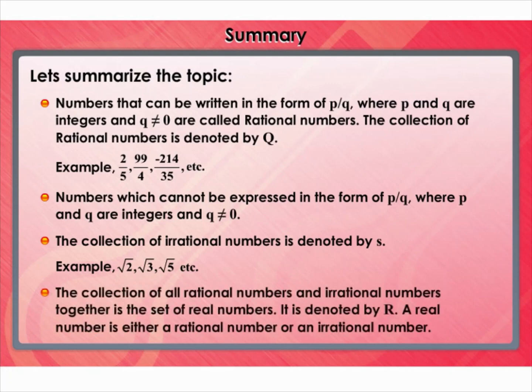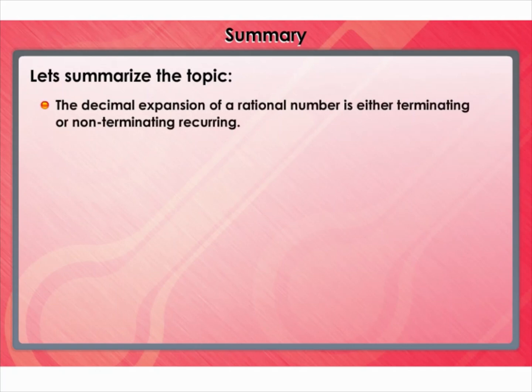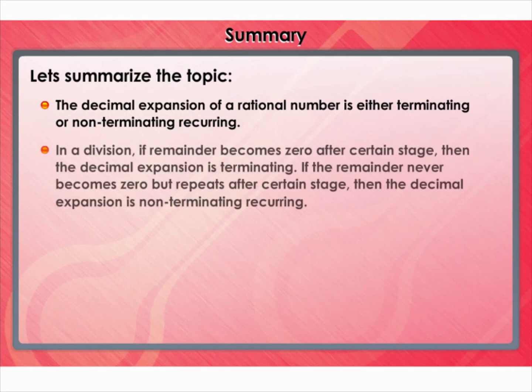The collection of all rational numbers and irrational numbers together is the set of real numbers. It is denoted by capital R. A real number is either a rational number or an irrational number. The decimal expansion of a rational number is either terminating or non-terminating recurring. In a division, if the remainder becomes 0 after a certain stage, then the decimal expansion is terminating.